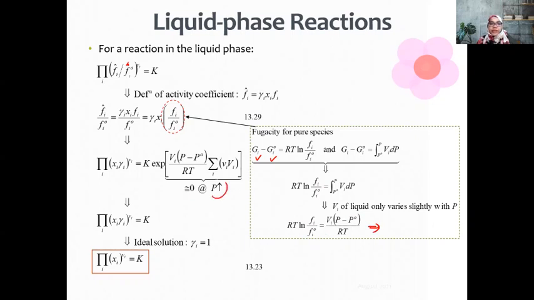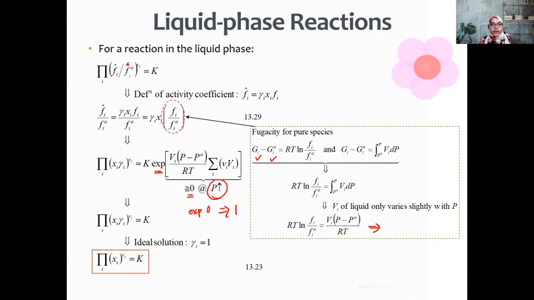At higher pressure, the exponent equals 0. If we have higher pressure, that means the exponent should tend to 0, so the exponential equals 1.